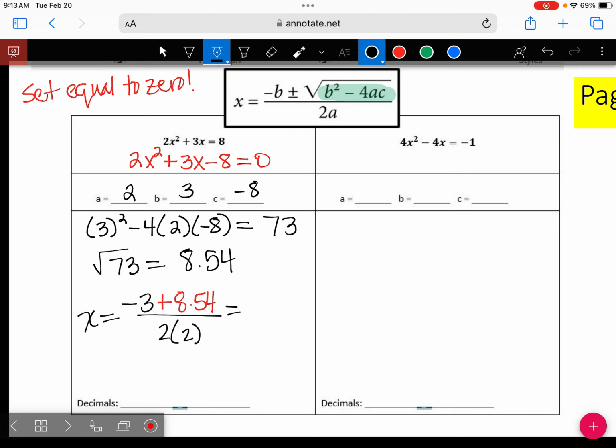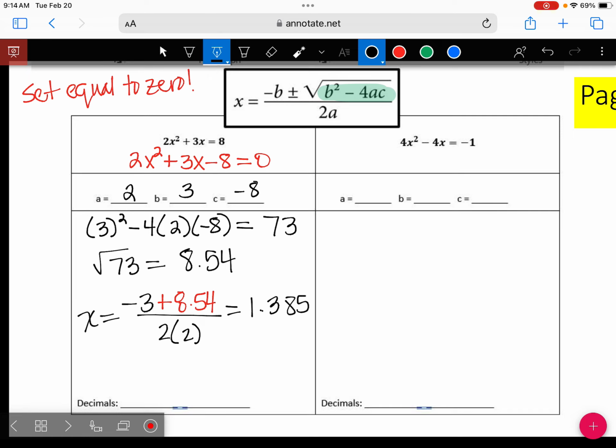So I'm going to type negative 3 plus 8.54 divided by 2 times 2, which should give you 1.385. Who had that? Okay.